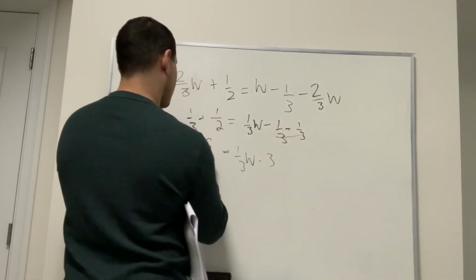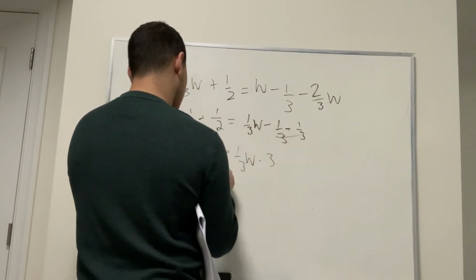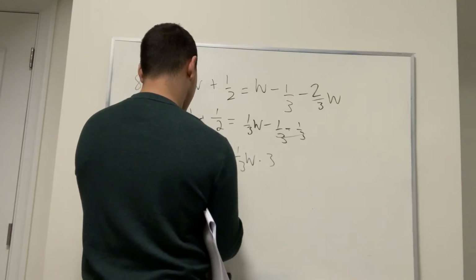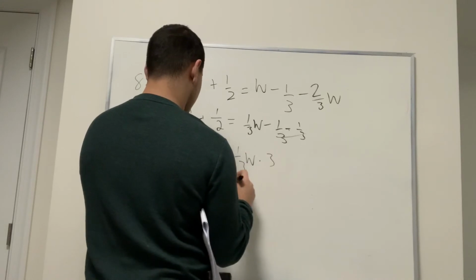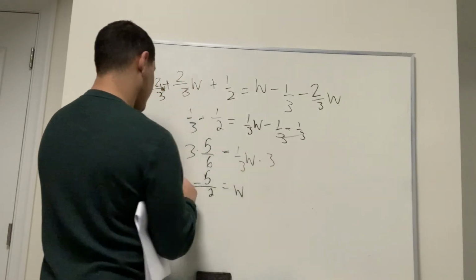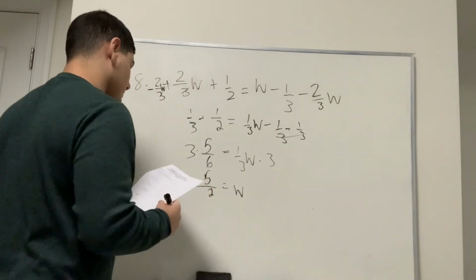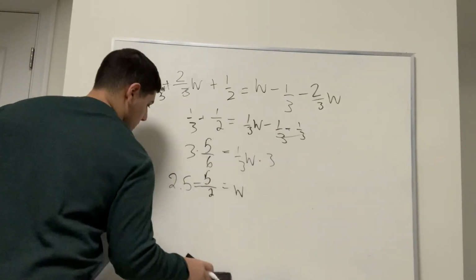Multiply by 3 to isolate w, and I'm going to get 5/2, which is equal to w, which is also equal to 2.5 in decimal form.